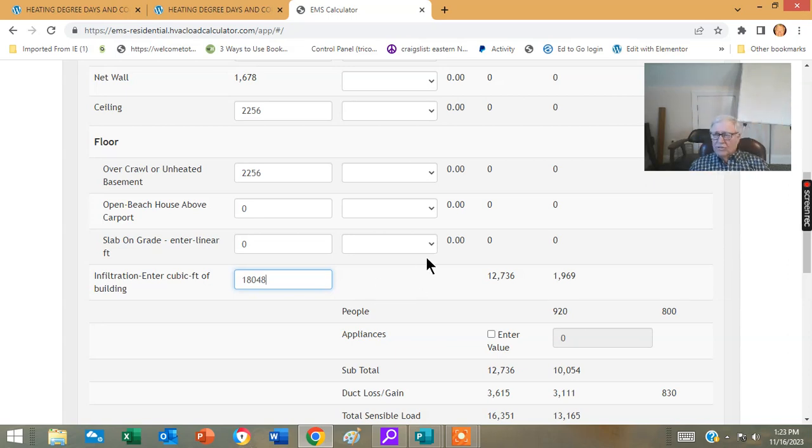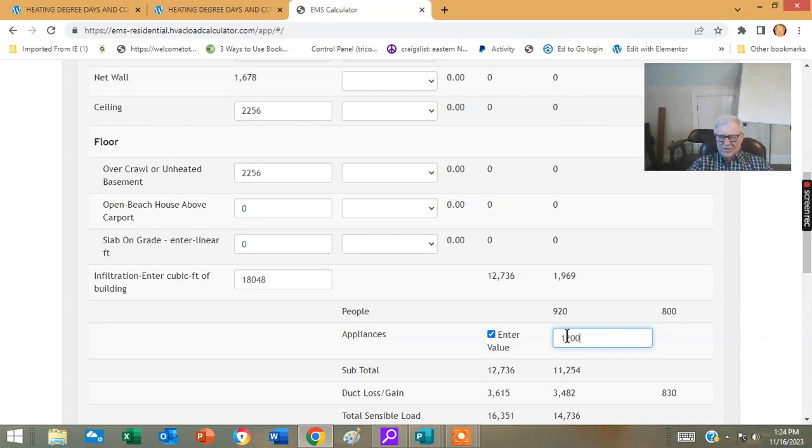Okay, we're almost through with this thing. All we've got to do now is enter the appliances. Sometimes you'll already have 1,200 entered in this cell right here. If it's not there, put in appliances for the heating. The heat that the appliances give off is about 1,200 BTU, so that's a standard number.